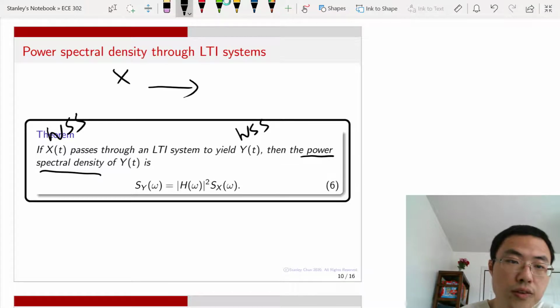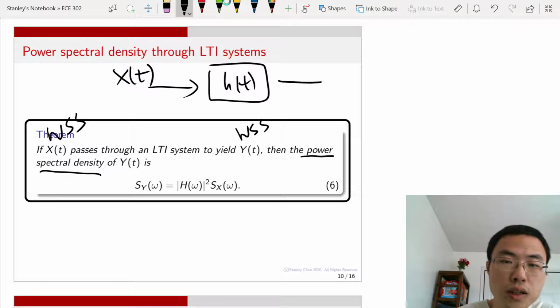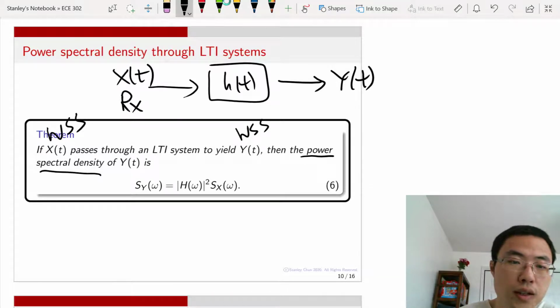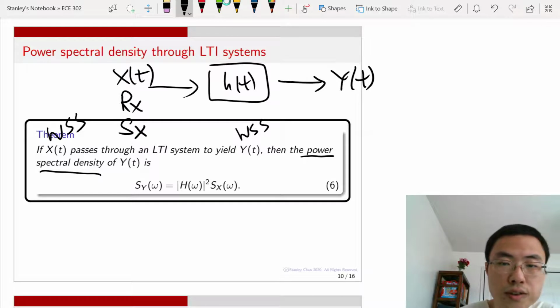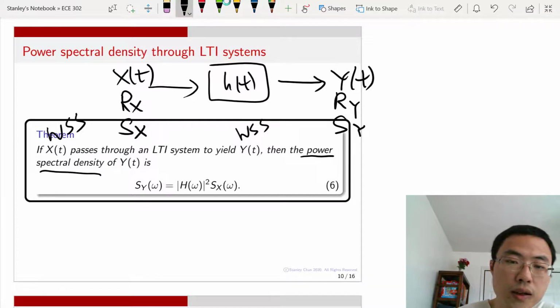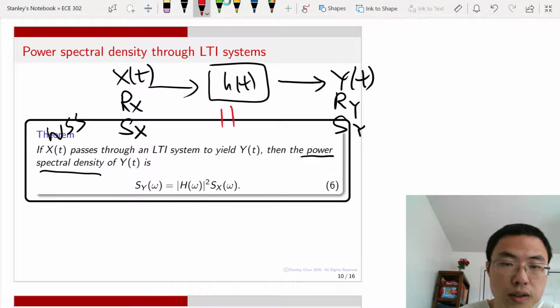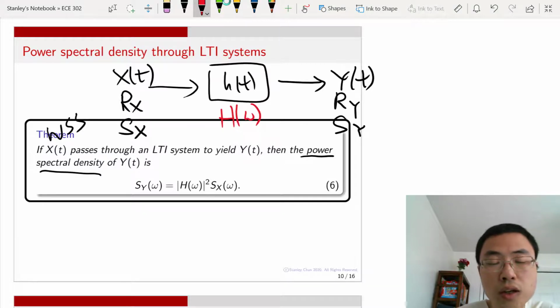Okay, so you have x of t, and then you have h of t, and then you have y of t. Here you have Rx, and then similarly you have Sx. Here you have Ry, and then you want to find Sy. And the theorem says here that Sy equals |H(j omega)|^2 times Sx, where H(omega) is the Fourier transform of your impulse response.